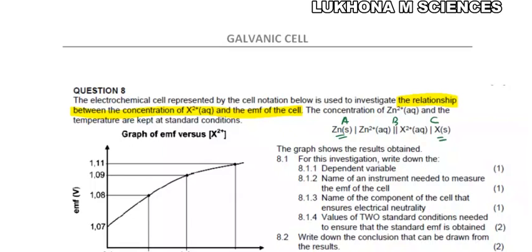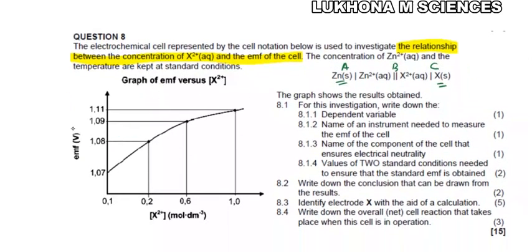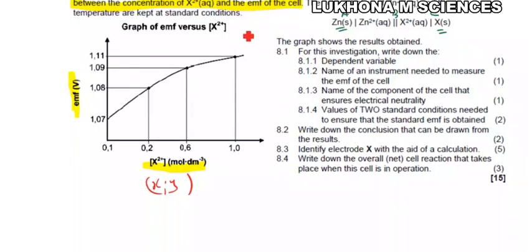So let's look at the graph. On the y-axis we have the EMF, then on the x-axis we have the concentration of X. Remember we start by X then followed by Y, meaning that we can say as the concentration of X2 ions increases, the EMF increases.